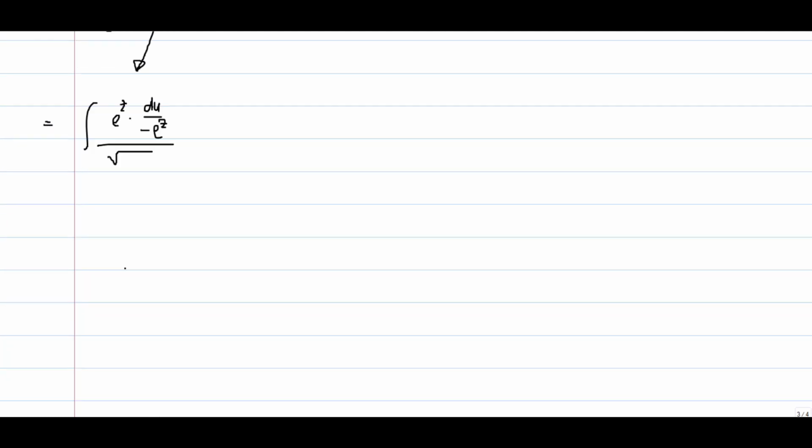Okay, so therefore the square root of u. We can cancel e to the power z, and we have negative du, or the integral of du over u to the power 1/2. The square root of u is equal to u to the power 1/2.